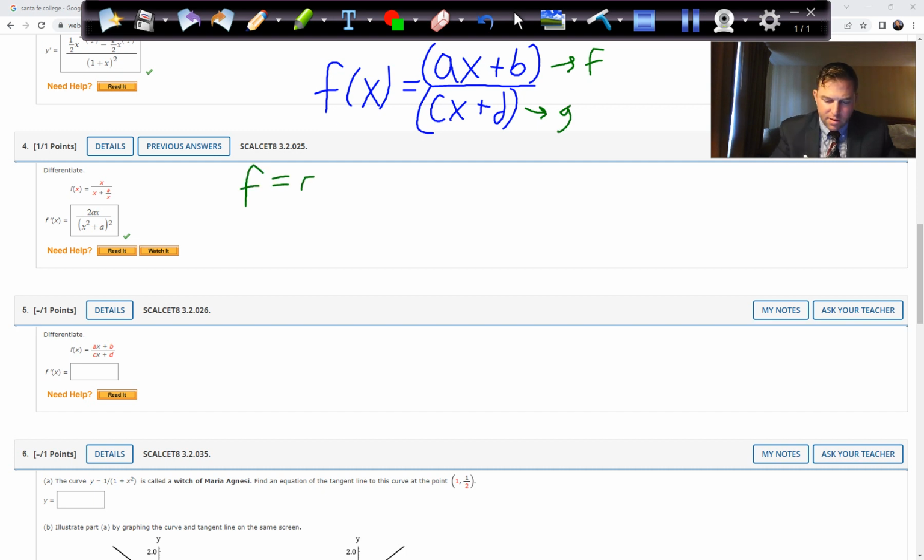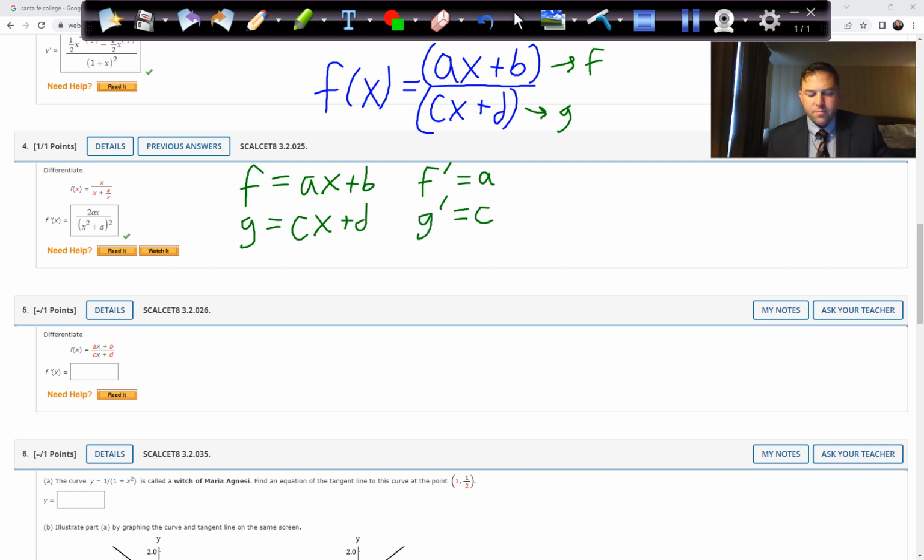So f is ax plus b, where its derivative is just a. g will be cx plus d, its derivative is just c. So again, the letters in front of the x's will stick around. Any constants like b and d will go away in the derivative. So that would be the derivative there.